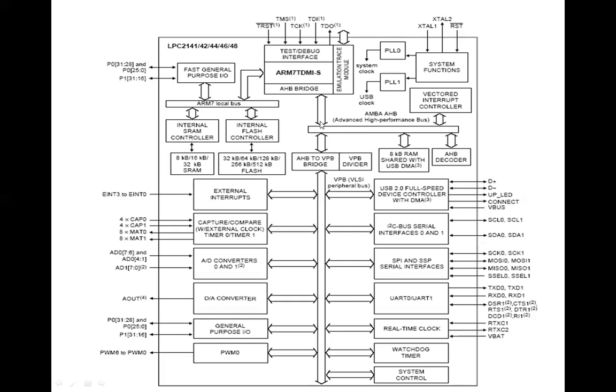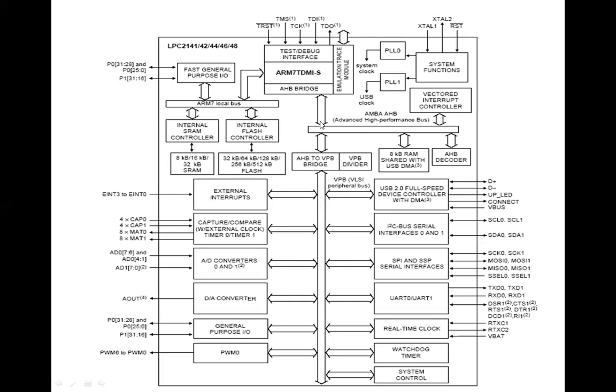Similarly, at the side of that you can see the emulation or trace module, so you can connect any kind of emulators or tracers from a debugging point of view. So you can do the programming with the help of emulators, right?